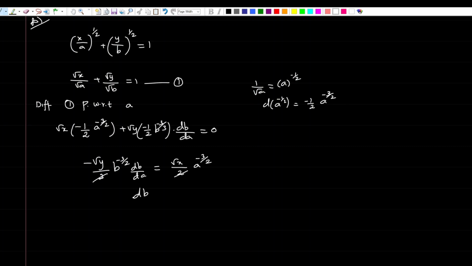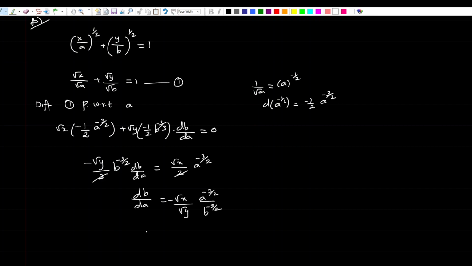Therefore, we are getting db by da equal to minus root x by root y into a power minus 3 by 2 divided by b power minus 3 by 2. This is what db by da.